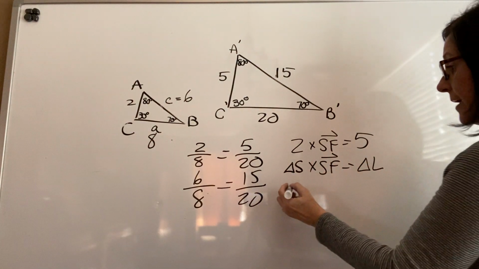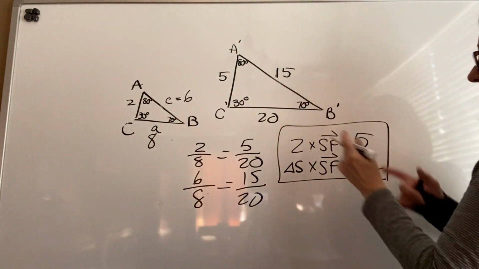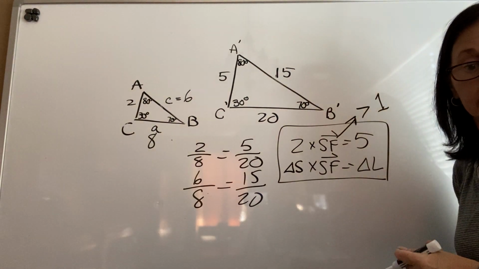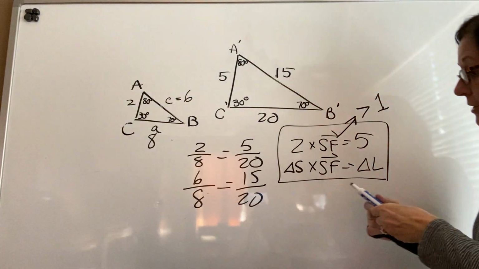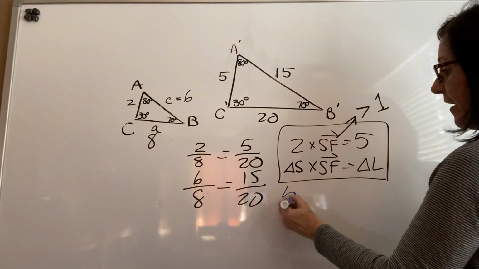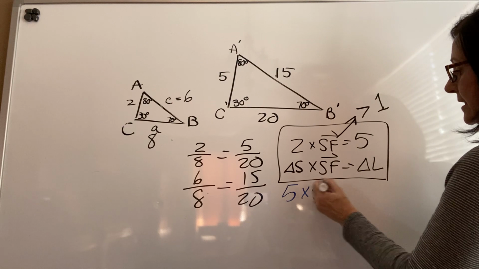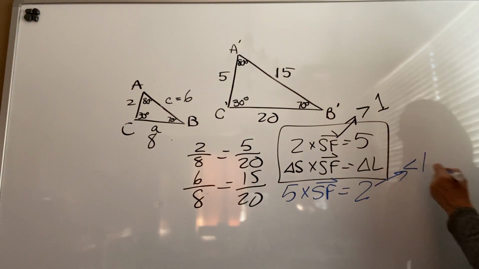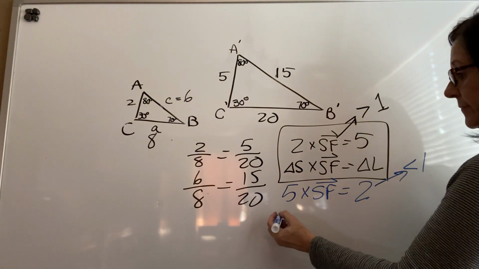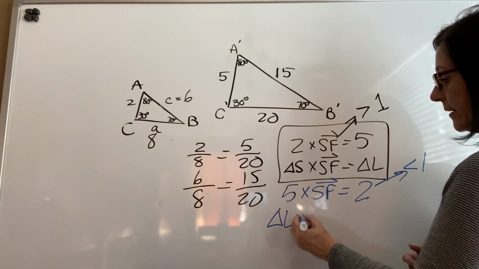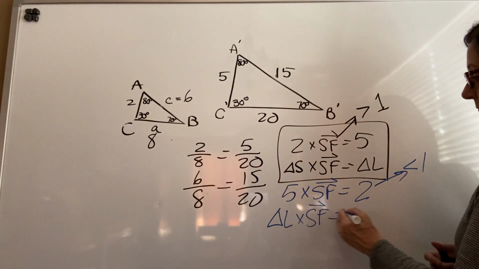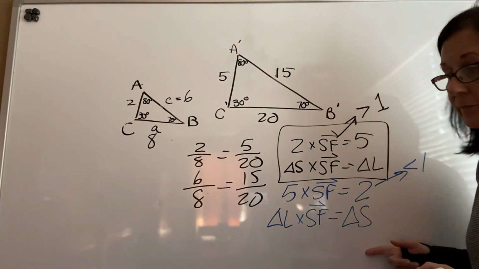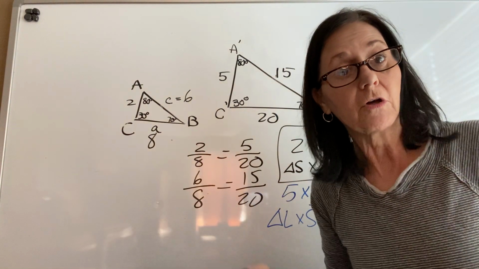If I'm going the other way, the larger one to the smaller one, it will be 5 times my scale factor equals 2. My scale factor is going to be less than 1. So now I have to take any side of the large triangle times that scale factor equals the corresponding side of that smaller triangle. Or I can just use cross multiplication, right?